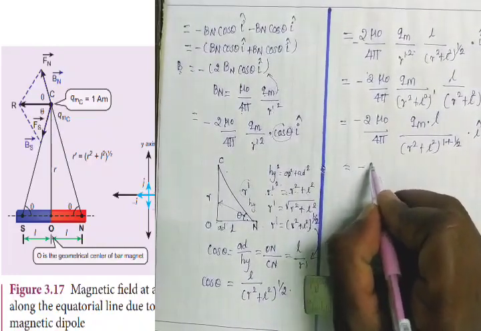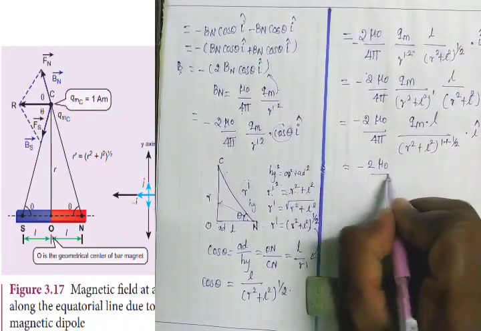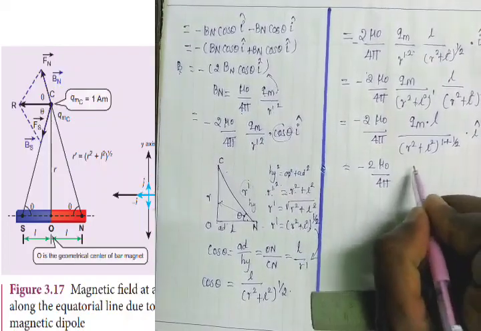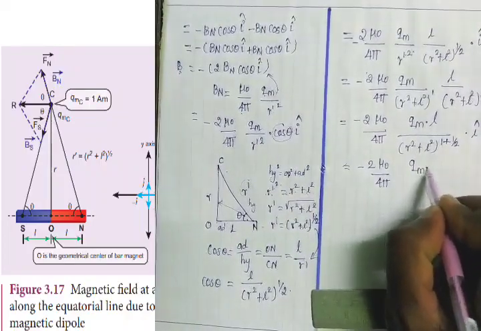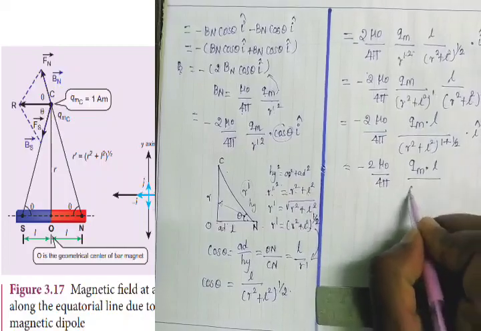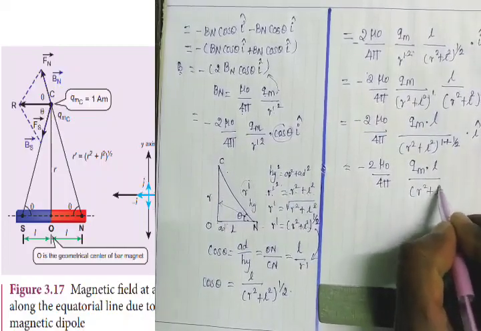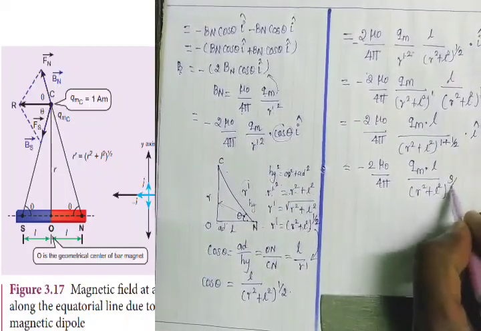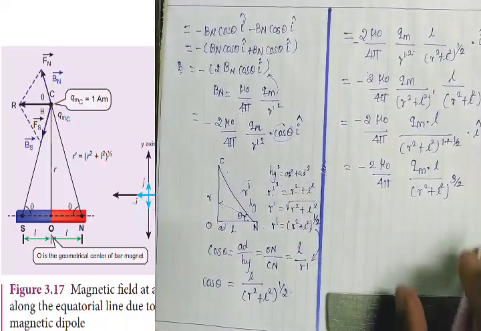So minus 2 mu naught divided by 4 pi, Qm dot L divided by (R squared plus L squared) power 3 by 2. Right.